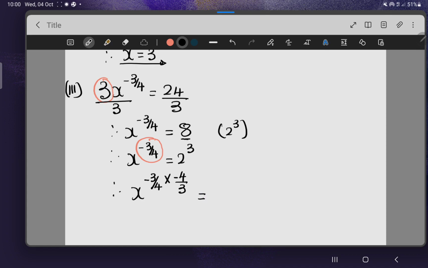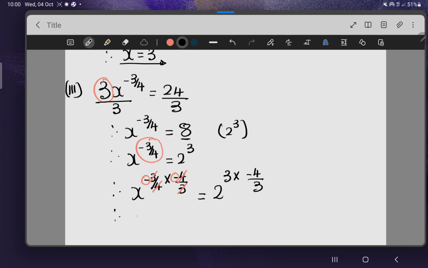The reason for multiplying is to get rid of the fraction. Then that will be 2 to the power of 3 multiplied by negative 4 over 3. What you do on the left-hand side must be done at the right-hand side. Then this cancels, that cancels, and the negatives will cancel.